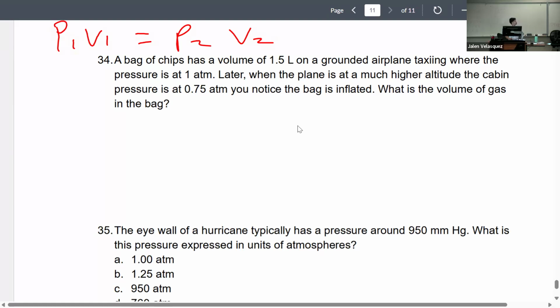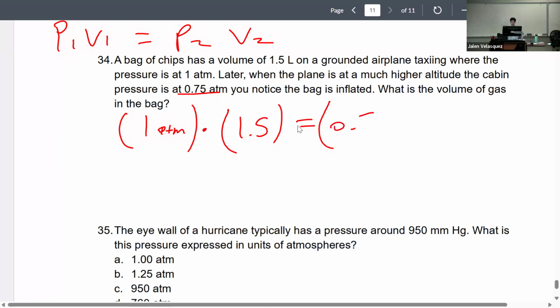P1 and V1 is my initial starting set of parameters. So my initial pressure is 1 atmosphere, my initial volume was 1.5 liters, final pressure, when you're up in the sky, 0.75 atmospheres, and the volume you solve for, that's x.